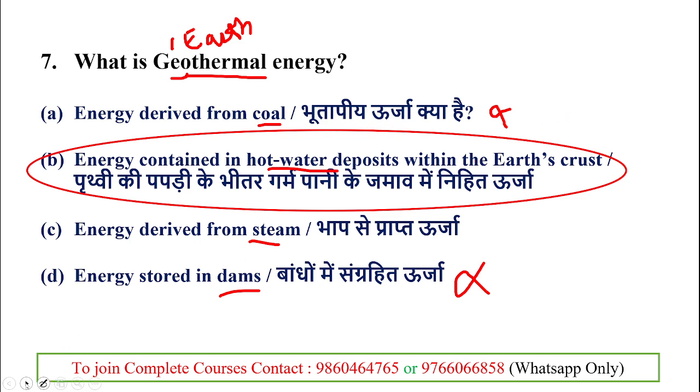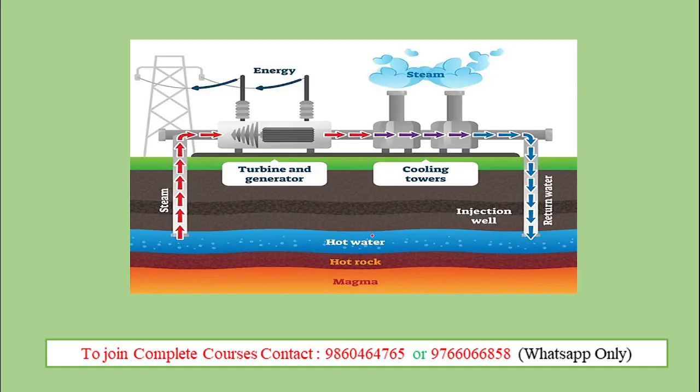And next, the picture that will represent geothermal energy. Here, the hot water inside the earth crust, or the steam, is used to make energy using the turbine and generator.